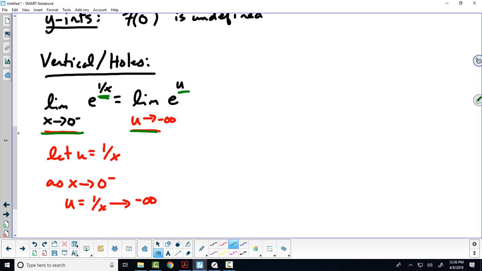So now we can answer this question based on our knowledge of e to the u, which looks like this. Instead of saying what happens as x approaches 0 from the left, we can say what happens in this graph as u approaches negative infinity. As u is approaching negative infinity, our y values are becoming arbitrarily close to 0. So we get that this limit comes out to be 0.